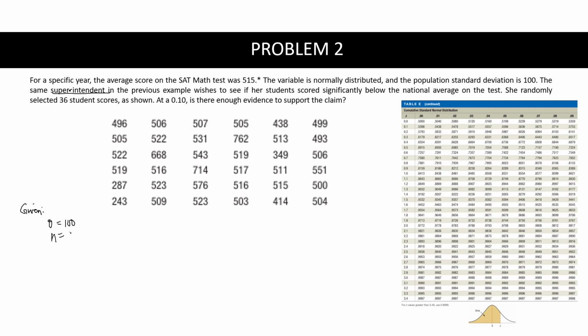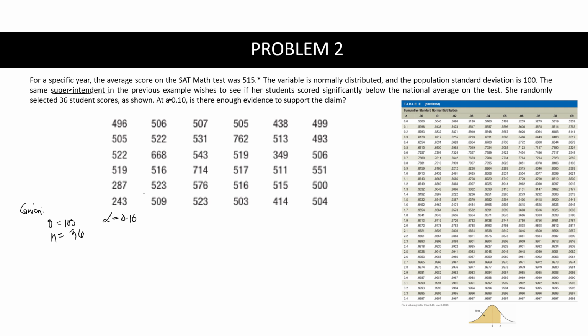So our n is 36, at alpha 0.10. Is there enough evidence to support the claim?